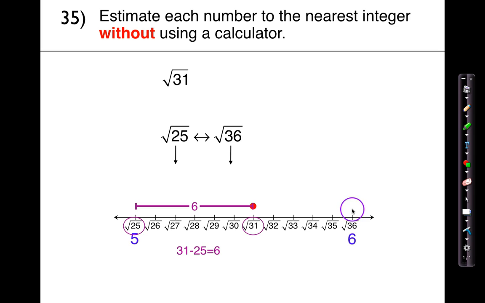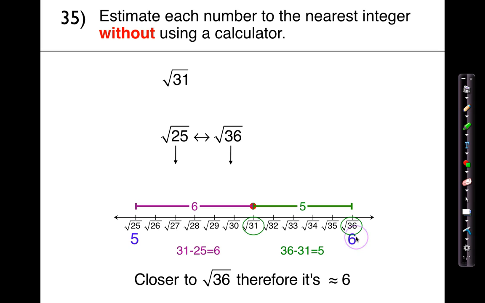Again, if you want to figure out the distance, simply find the difference between the two. So the difference between 36 and 31 is 5. So even though it's just slightly closer, I'm going to say that it's approximately 6, because it is technically a little bit closer to square root of 36 than it is to the square root of 25.